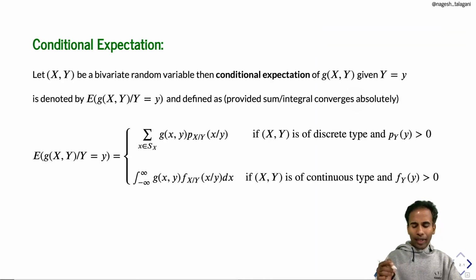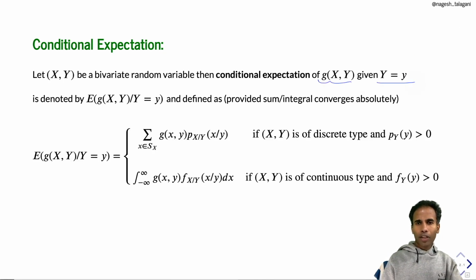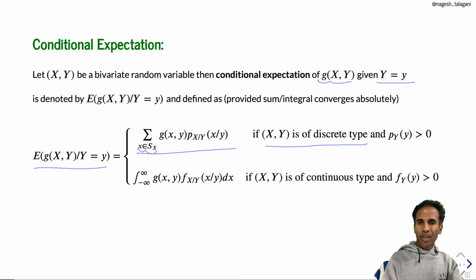For a bivariate random variable (X,Y), the conditional expectation of g(X,Y) given Y equal to y is defined to be this summation if (X,Y) is discrete type. The summation of g(x,y) times p_{X|Y}(x|y), where the sum runs over x belonging to S_X. Here p_{X|Y} is the conditional PMF of X given Y. So this sum is a weighted sum of g(x,y) values with the weights being the corresponding conditional PMF values.